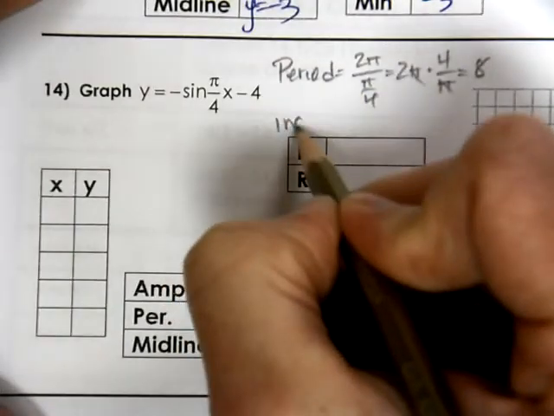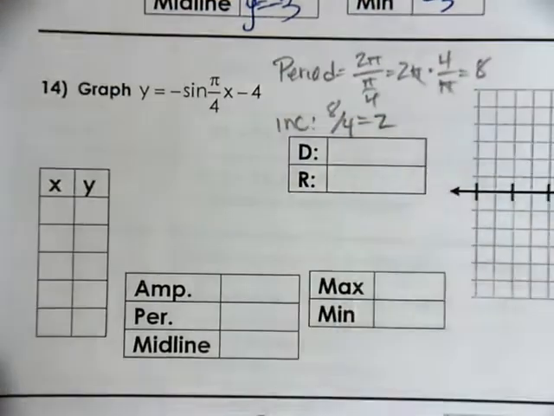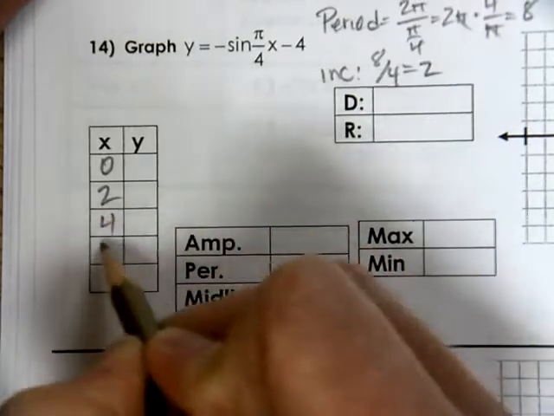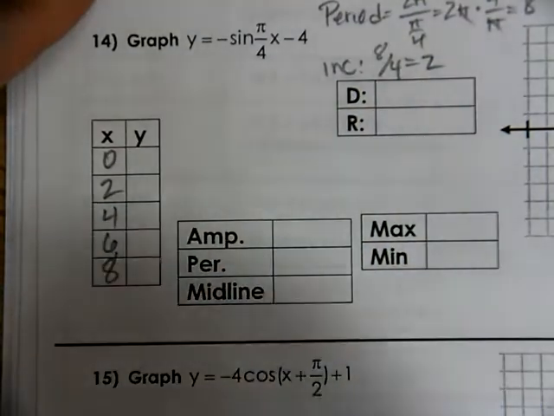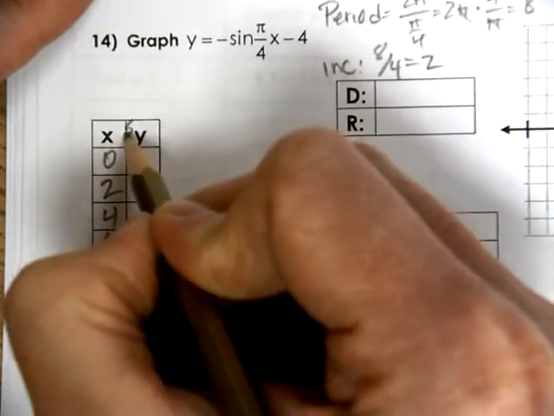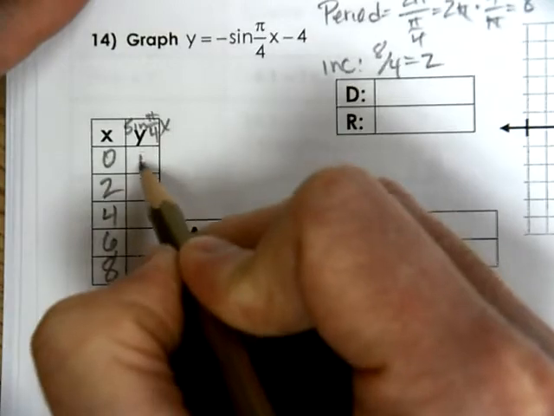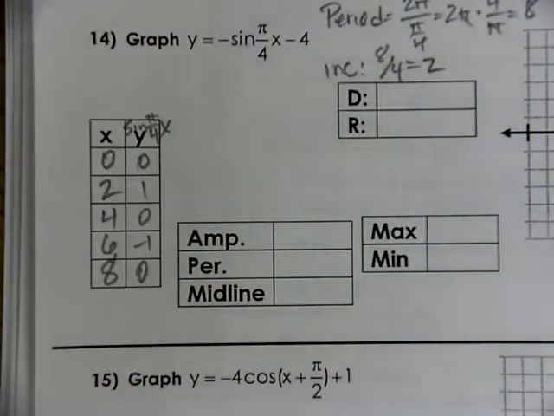And then to calculate our increment, that's the period divided by 4. So we're going to count by 2's. So that's 0, 2, 4, 6, 8. And if we're going to do sine of pi over 4x, that's going to be 0, 1, 0, negative 1, and 0. That's the basic format.